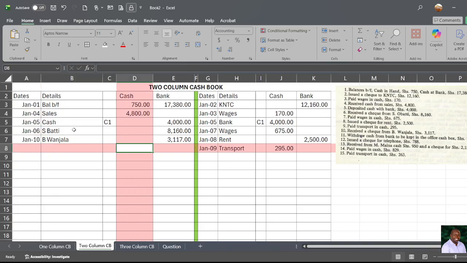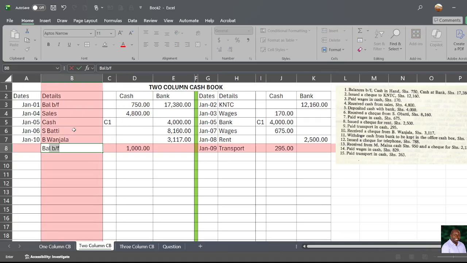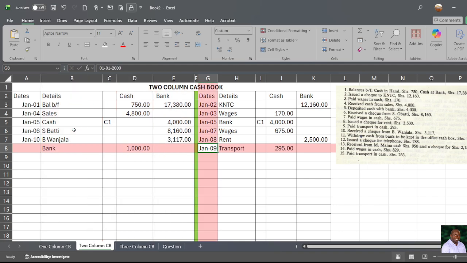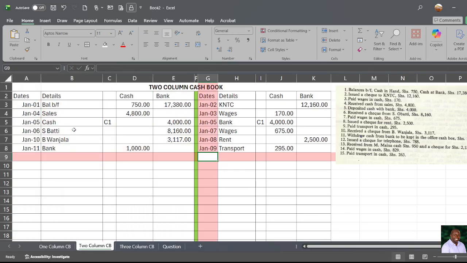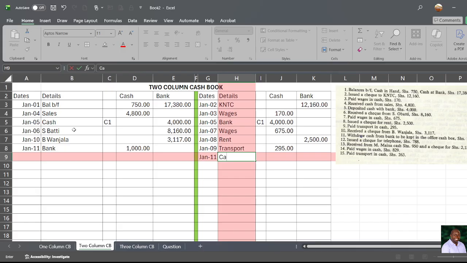So that means cash is getting money, 1,000, and this is coming from the bank. On the same day, January 11th, the bank is losing money to cash.